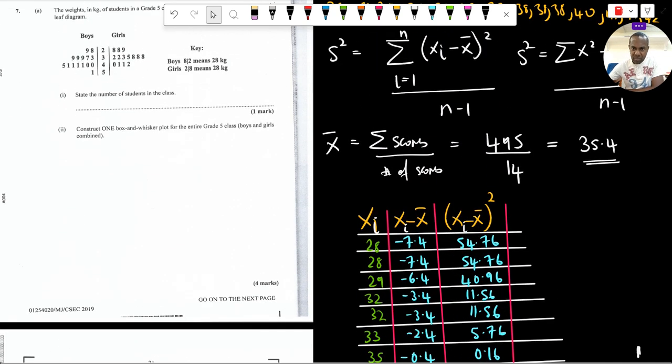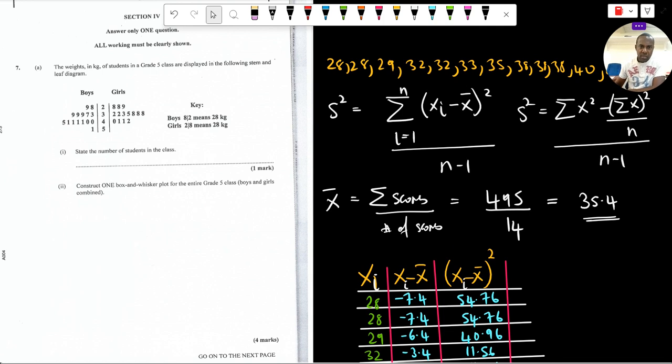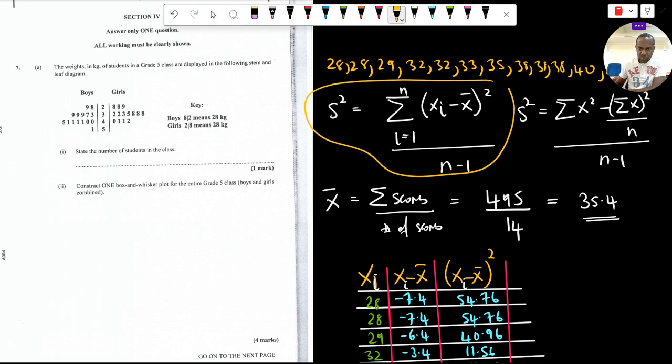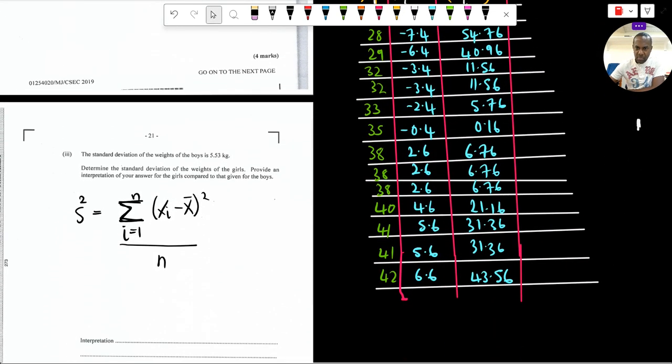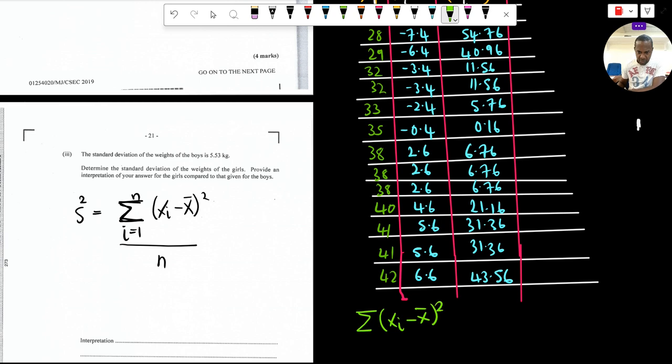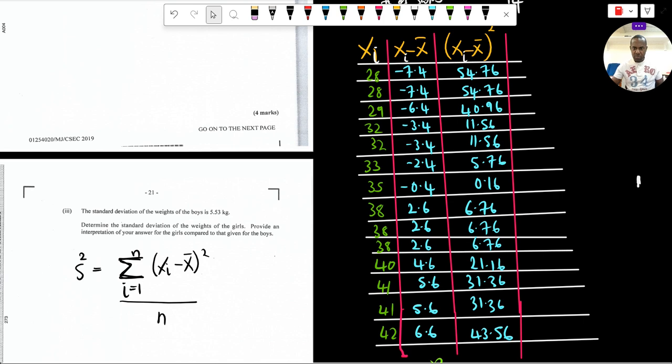What we next need to do, based on the formula, is add them all up and divide by n minus 1 in order to find the variance. So we're using this version of the formula right here. So we can say the sum of xi minus x bar squared equals, and we go to our calculator and add up all those values in our third column.